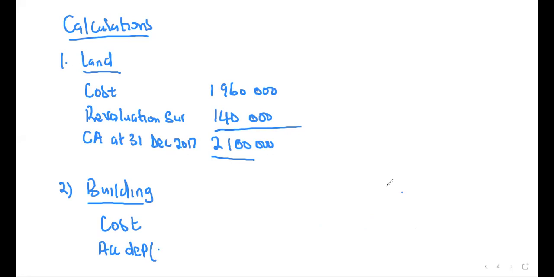So the cost of the building is 2,840,000. Then for the depreciation, they have a residual value of 950,000. Remember, the depreciable amount is going to be 2,840,000 minus the residual value of 950,000.